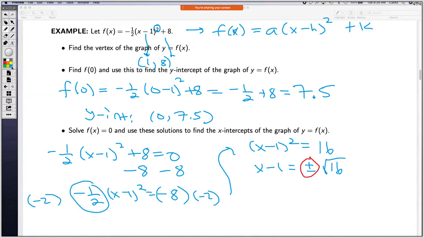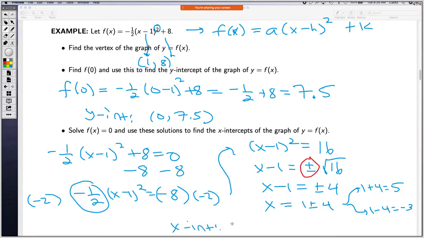The square root of 16 is 4, so x minus 1 is plus or minus 4, and x is 1 plus or minus 4. 1 plus 4 gives us 5, and 1 minus 4 gives negative 3. So our x-intercepts are the points (5, 0) and (-3, 0).